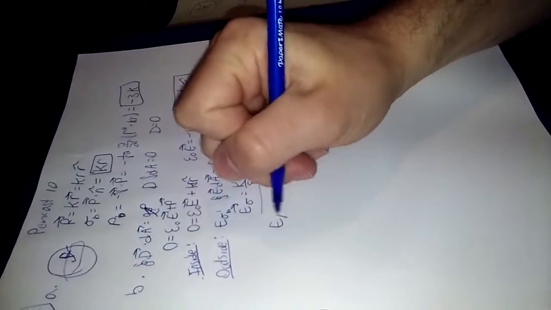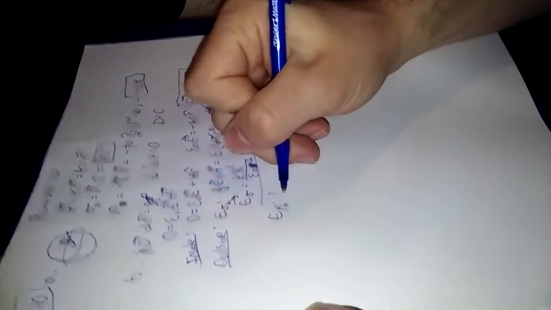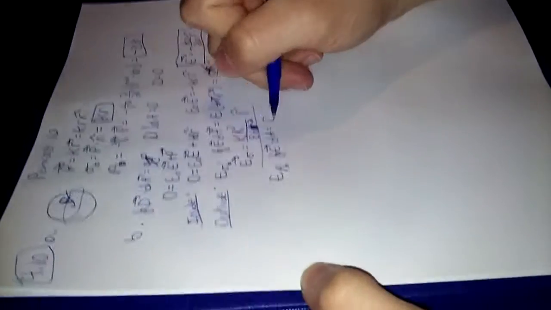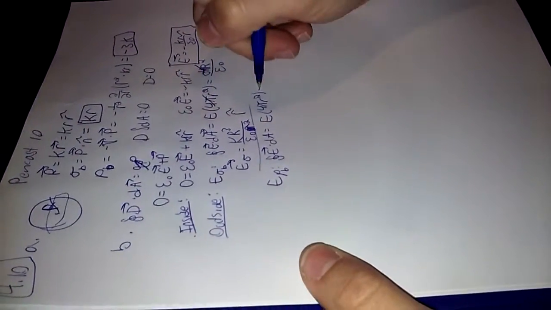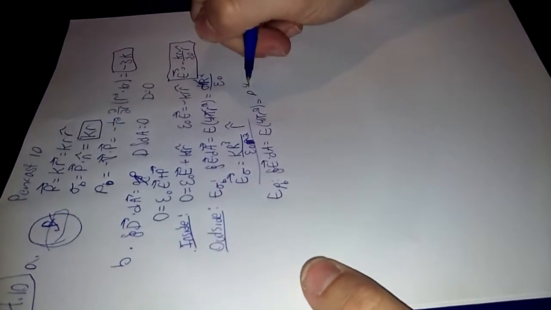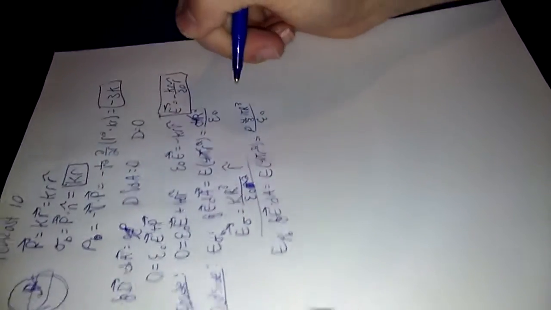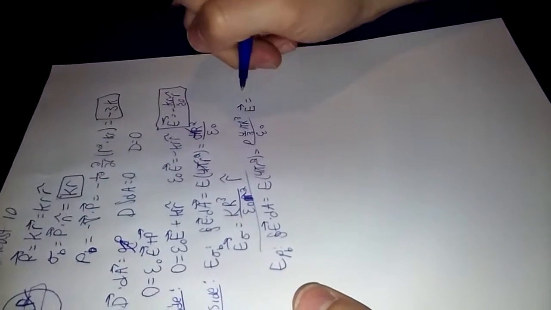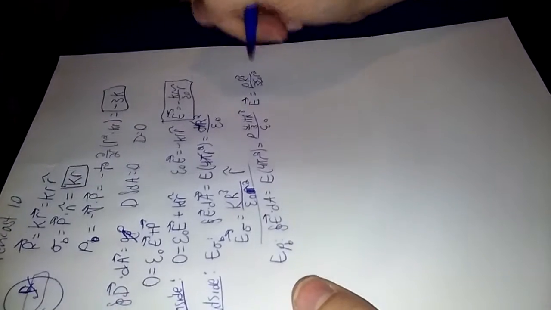And then with the volume bound charge, once again we have the integral of E dot dA equals E times 4 pi r squared. And then we have rho times the volume, which is 4/3 pi r cubed, over epsilon naught. And E equals rho r cubed over 3 epsilon naught r squared.